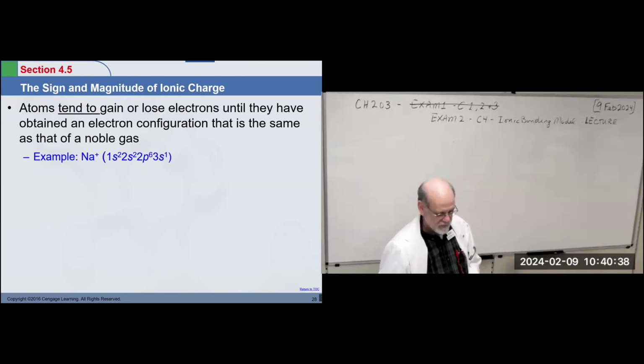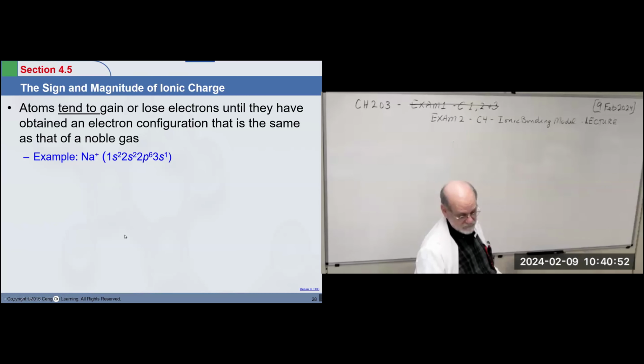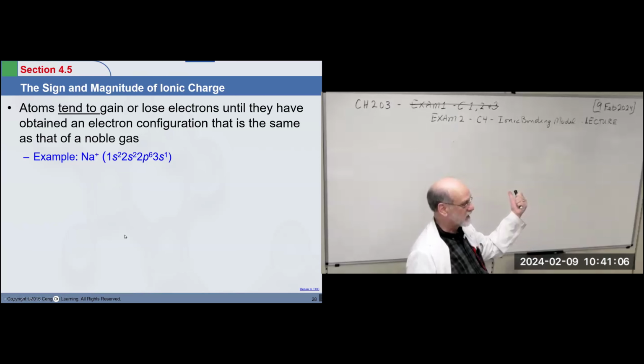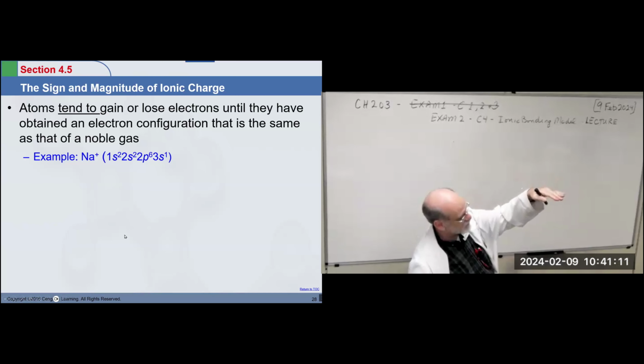All right. Atoms tend to gain or lose electrons until they have obtained an electron configuration that's the same as that of a noble gas. I can't argue with that. So for this sodium example, it would lose that 3s1 electron. Now it looks like a noble gas, but it doesn't go this way by adding electrons. It goes this way by losing. So if sodium's on this side, it has to wrap around to the next period.